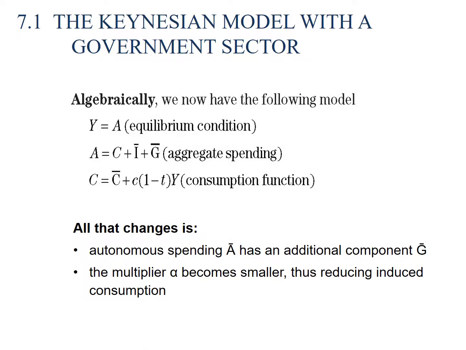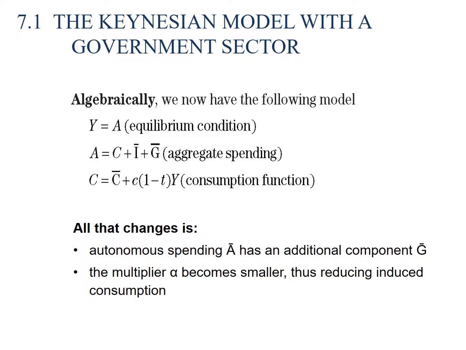Algebraically, we now have a model where our total income is equal to aggregate expenditure, where aggregate expenditure is composed of consumption expenditure by households, investment by firms, as well as government expenditure by the government. Our consumption function is now composed of autonomous consumption plus C multiplied by (1 minus t) multiplied by our level of income.